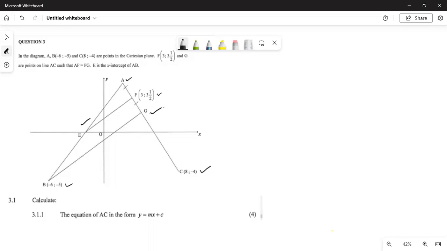Either point is fine. So first we're going to calculate our gradient, which is the change in y over the change in x.